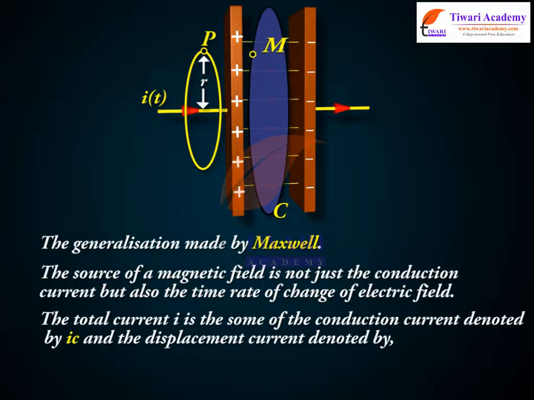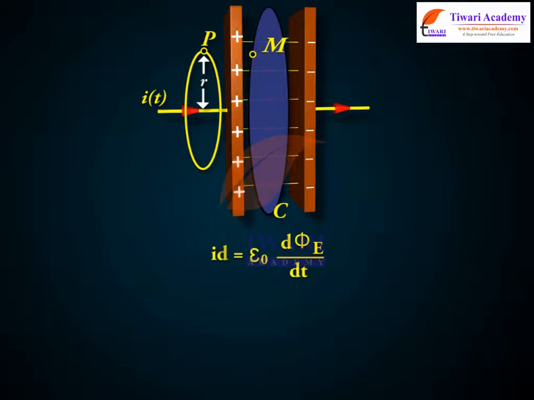So we can say the total current I is the sum of the conduction current, denoted by IC, and the displacement current, denoted by ID, which is equal to epsilon naught into d phi E by dt. So we have I is equal to IC plus ID.